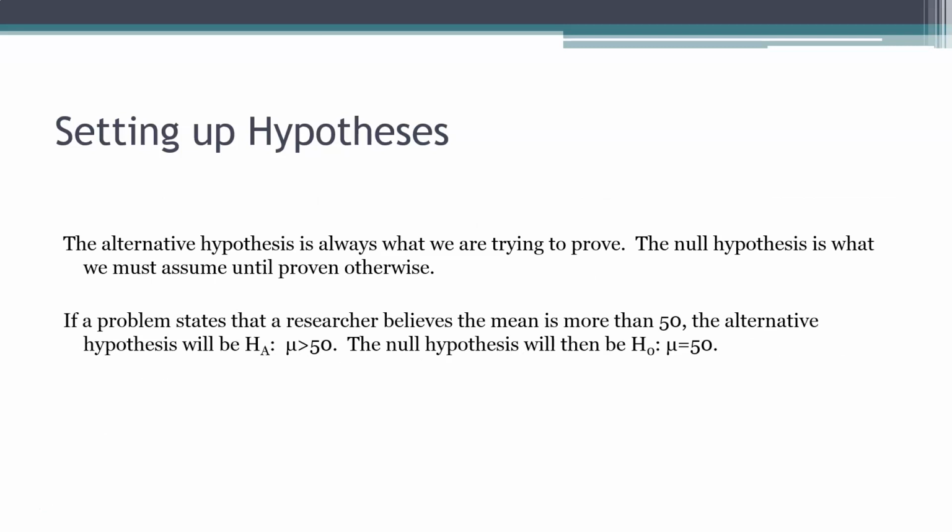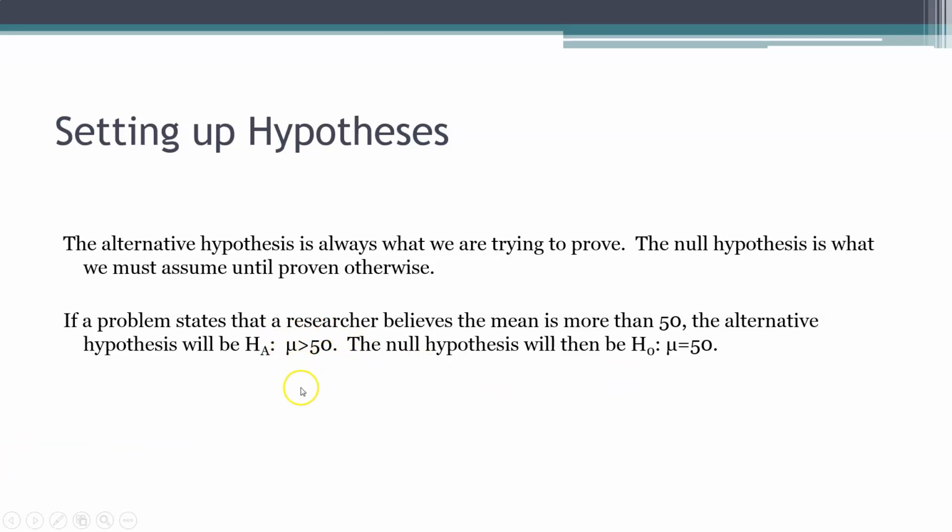All right, so again, with the hypotheses, the alternative hypothesis is what we're trying to prove, and I should cross that out and say demonstrate, show, conclude. And the null hypothesis is what we just have to assume until we can show otherwise. So if a problem says a researcher believes the mean is more than 50, that means your alternative hypothesis is going to be mu greater than 50.